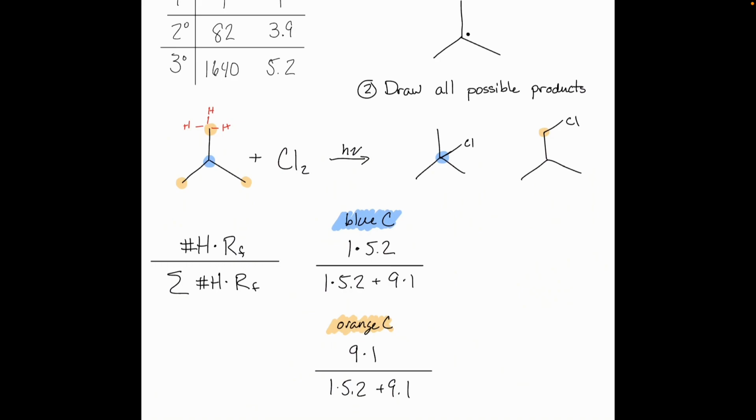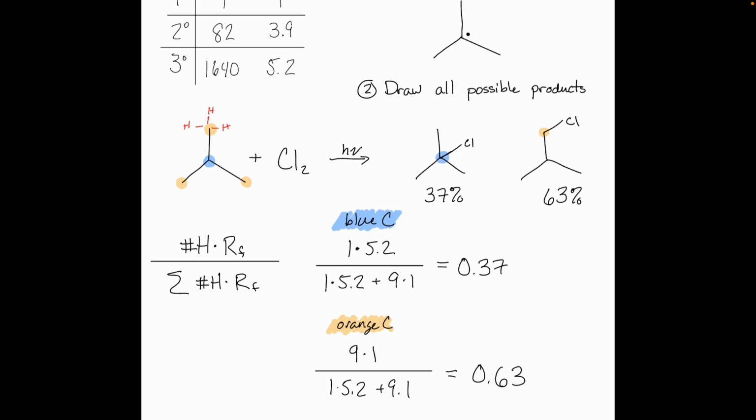All right, and so if I do the math, I would see that this comes out to 0.37, and this comes out to 0.63, right? Meaning that 37%, about a third of it, would be on that more highly substituted carbon, but actually the major product would have substitution on that primary carbon.